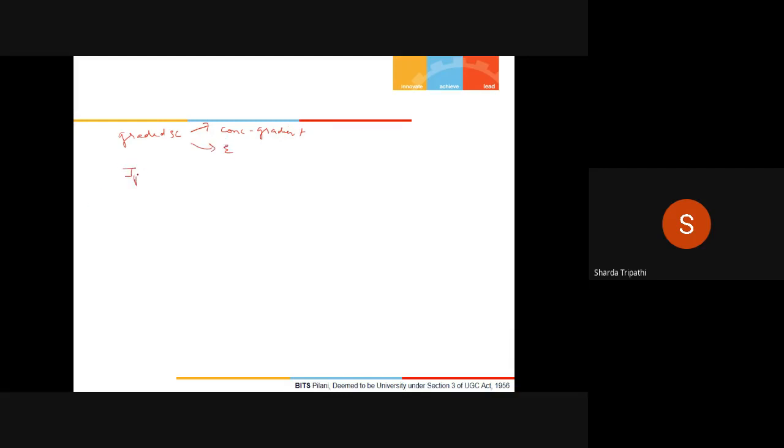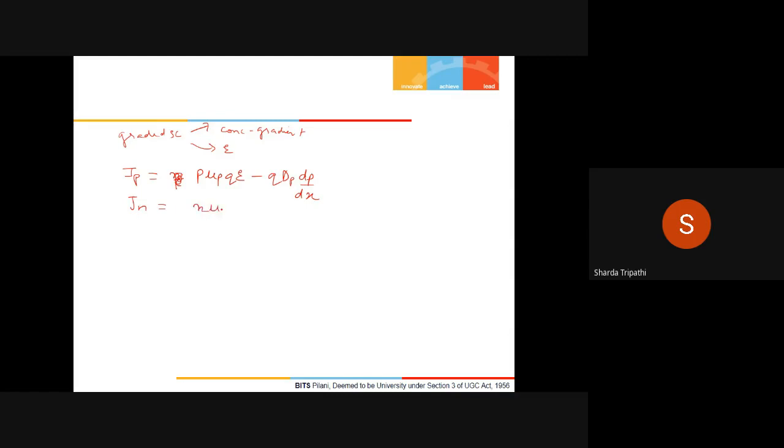So in that case, Jp will be given by the sum of both components. For P, this will be given by P into mu P into Q into E minus Q times dP by dx. And how about Jn?